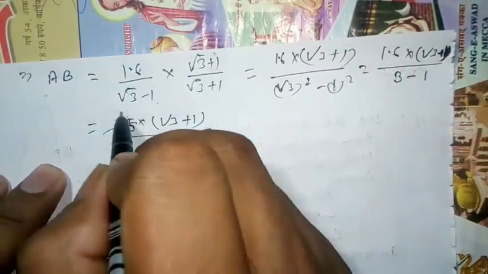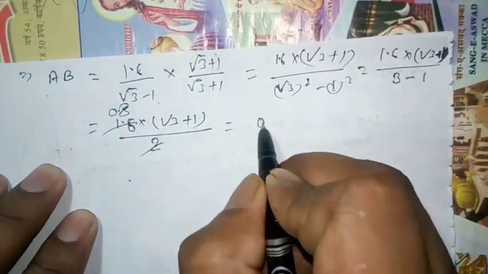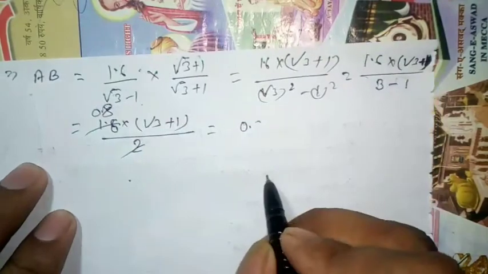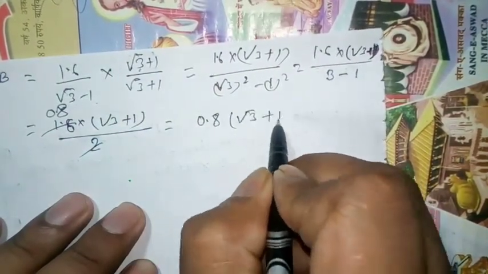Dividing 1.6 by 2, we get 0.8, equal to 0.8 times root 3 plus 1.